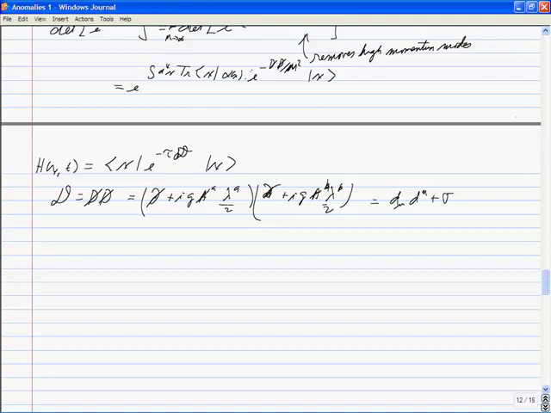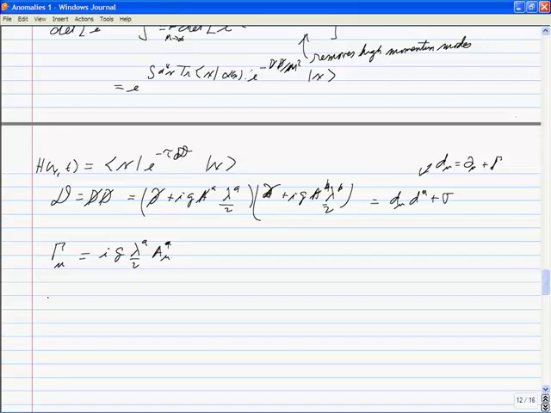If I do this, I have gamma mu, so D mu is D mu plus gamma. Gamma mu is just i g lambda^A over 2 A mu.